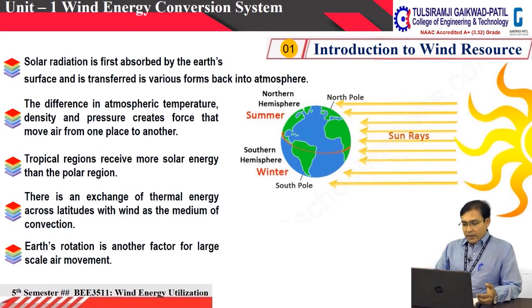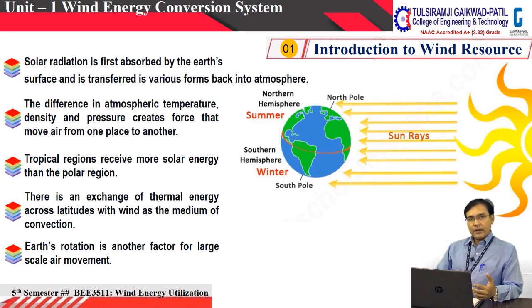When this tropical region gets more heat energy than the polar regions, the air at the surface of the earth in the tropical region gets heated up, and the air becomes hot or warm.